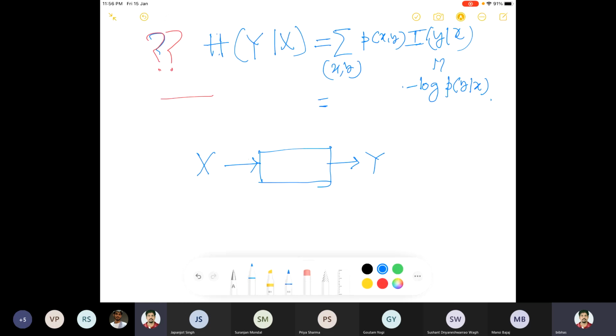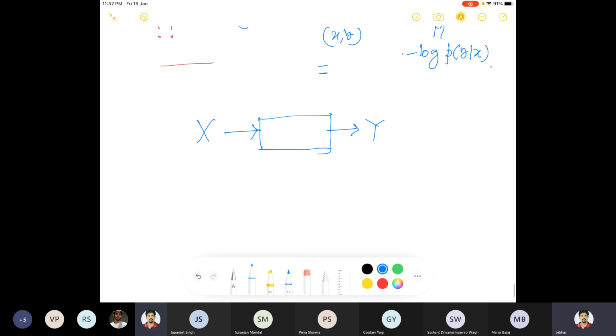And how is the channel described? Recall my example of the binary symmetric channel. This is given by a conditional probability distribution. You recall that I had inputs A1, A2, and outputs B1, B2, and then we said this goes to this.